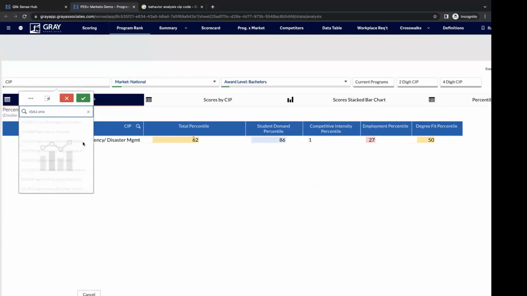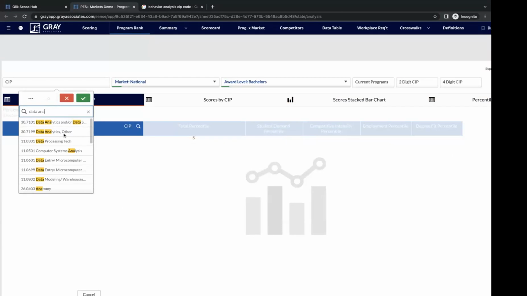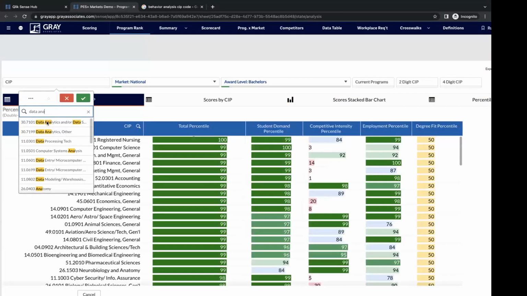Okay. Let me see if I can just quickly get this to open up here. It's pouring rain in Florida right now, so I do apologize. Data analytics.